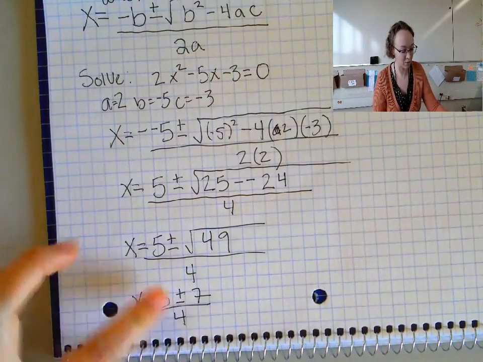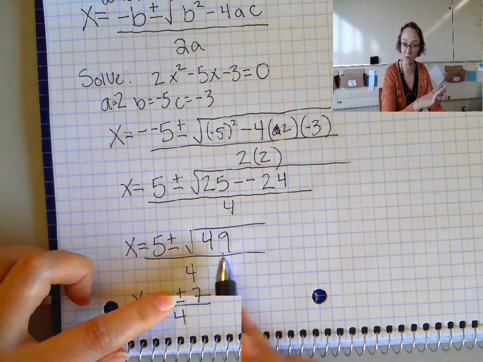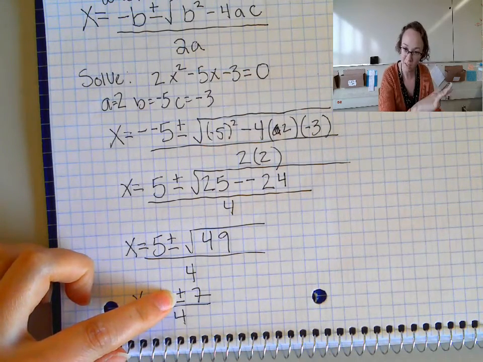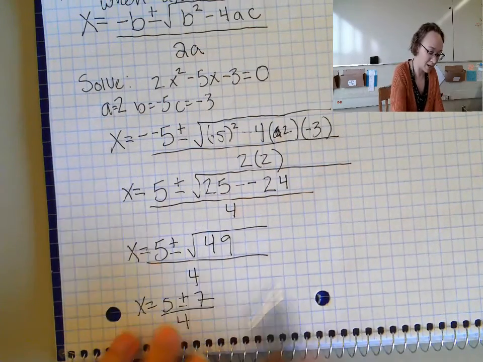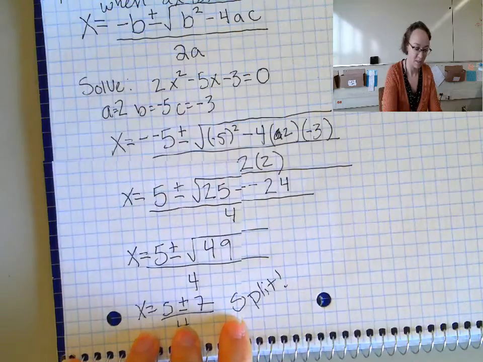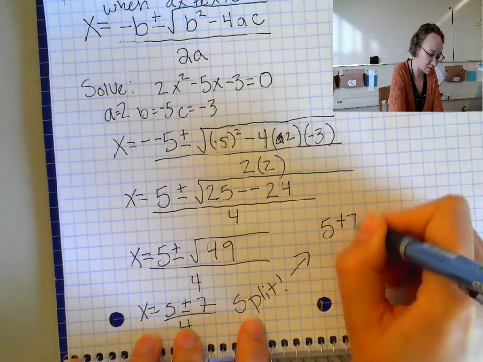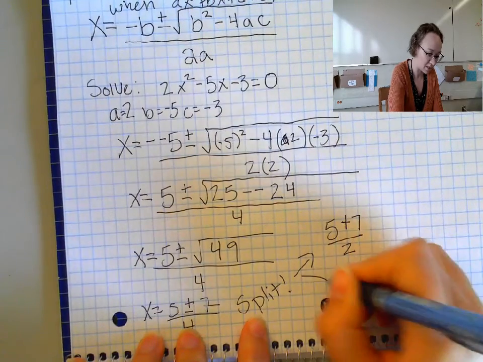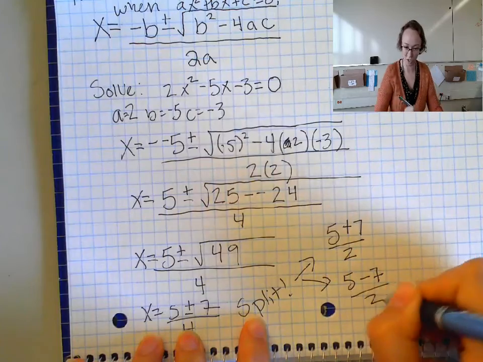Woohoo! That plus or minus is taking care of the fact that the square root of 49 could be either a positive 7 or a negative 7, right? Like what we saw earlier. Okay, so now I need to split it into 5 plus 7 divided by 2 and 5 minus 7 divided by 2.